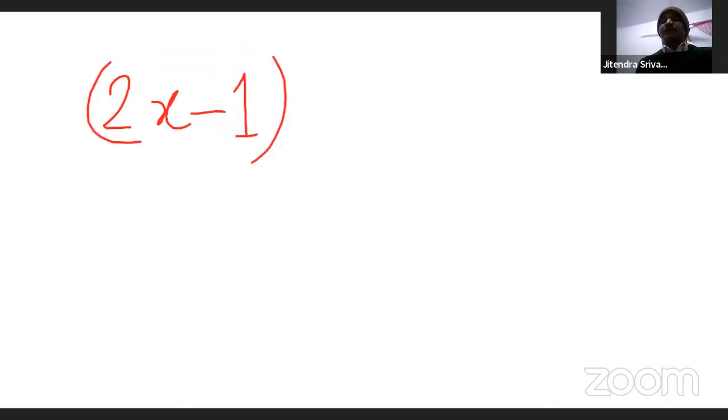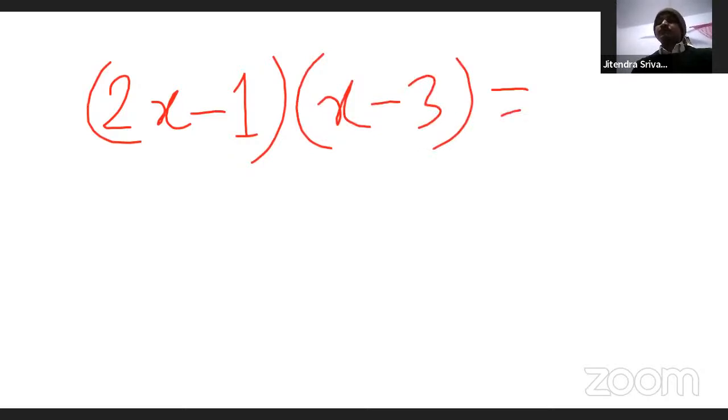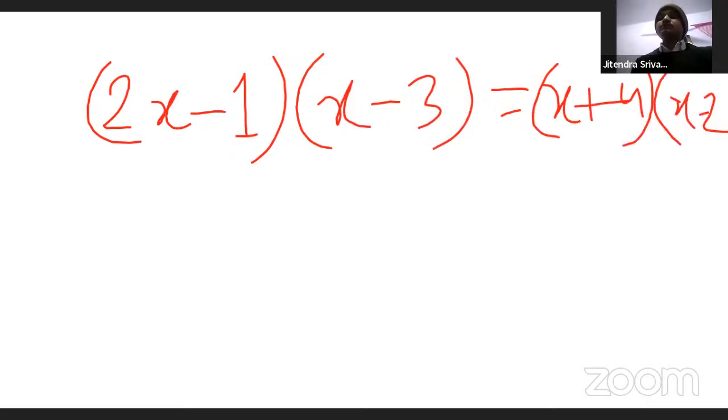The first question is 2x minus 1 multiplied by x minus 3 and x plus 4 multiplied by x minus 2. Now what we have to do, we have to check if this is in the form of a quadratic equation or not by solving them. So first of all, we will multiply this number with this.